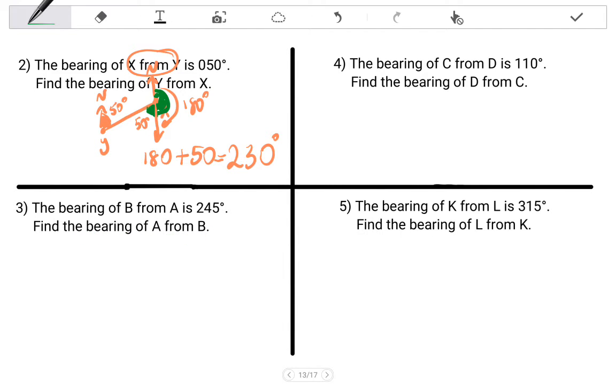In question 3, the bearing of b from a, 245 degrees, is given, and the bearing of a from b is wanted. Let's sketch the position of a and b. If I draw a first and put north of it and turn 245 degrees, I will see the position of b. 245 degrees is bigger than 180, less than 270.